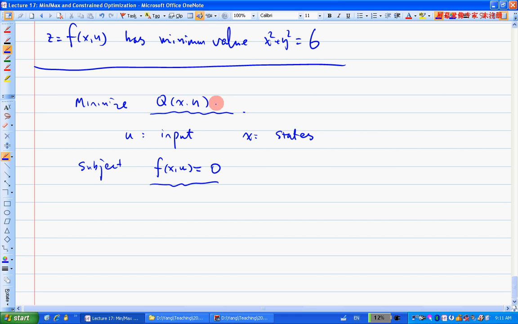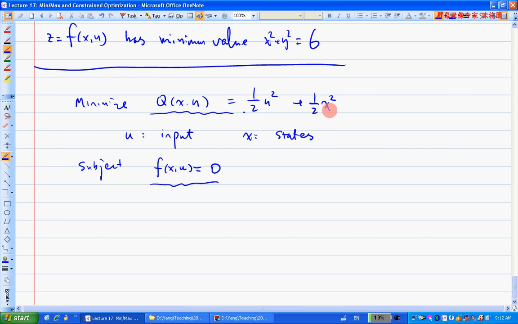If it's 1/2 u squared, and u is the input, what we're trying to minimize is the control effort. So you're trying to minimize our energy. And if you add another term, 1/2 x squared, then instead of just minimizing the energy, you're also trying to minimize the value of x.